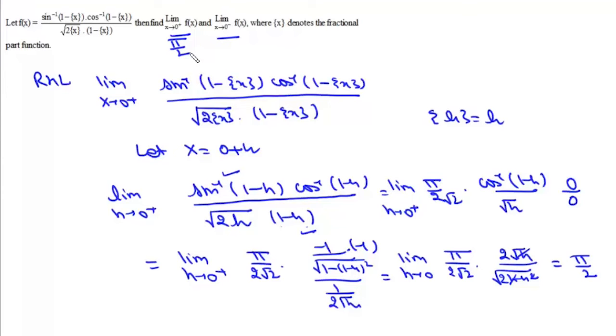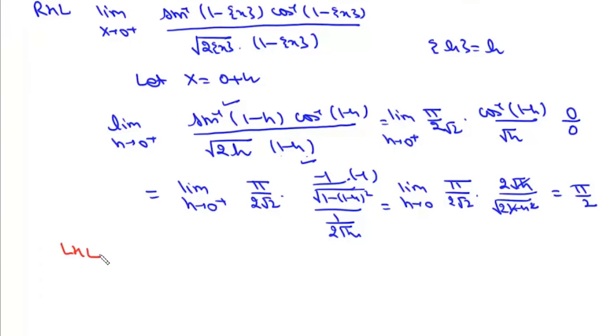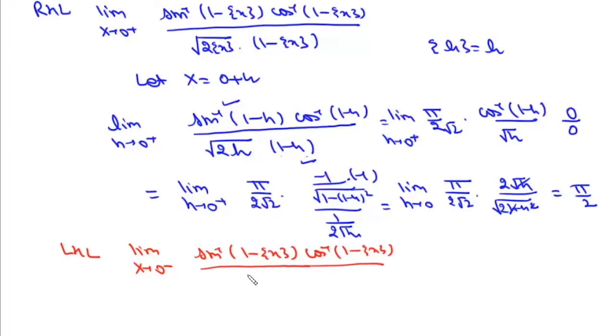Now we will find its left hand limit. Now for left hand limit, we write limit x tends to 0 negative, sine inverse 1 minus fractional part of x, cos inverse 1 minus fraction part of x upon under root 2 fraction part of x and 1 minus fraction part of x. Now we let x as 0 minus h.